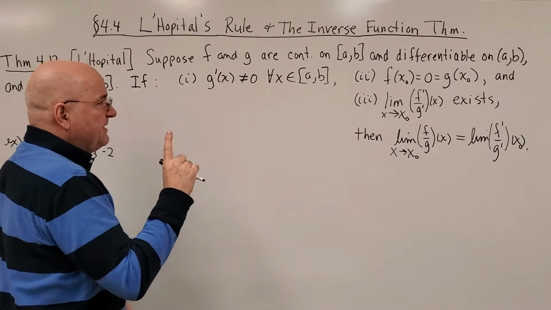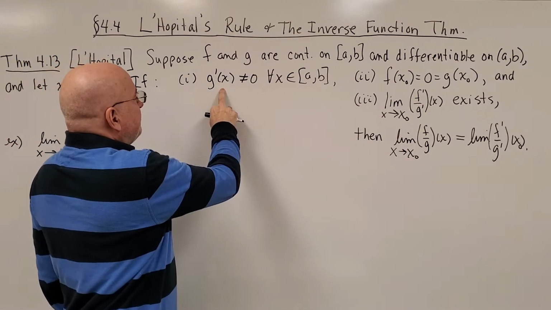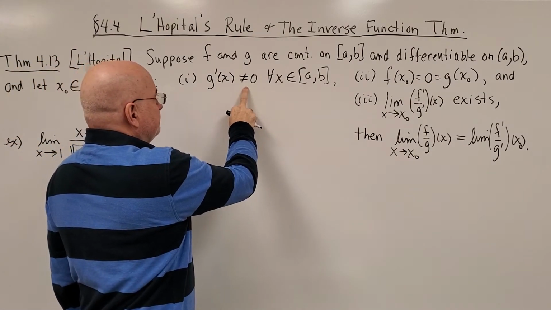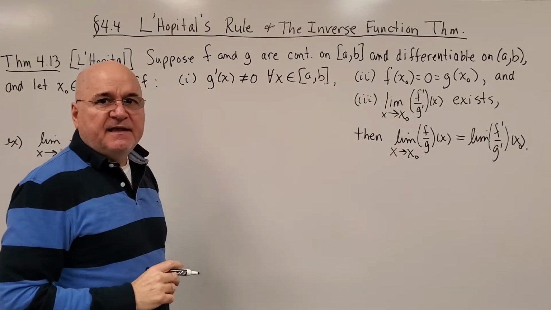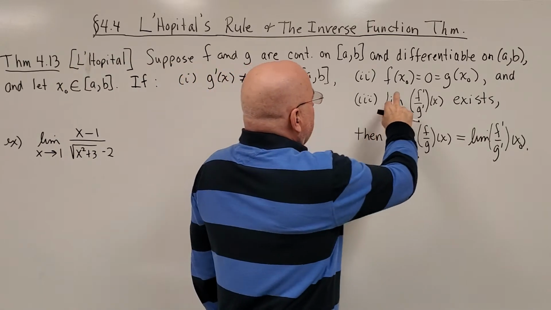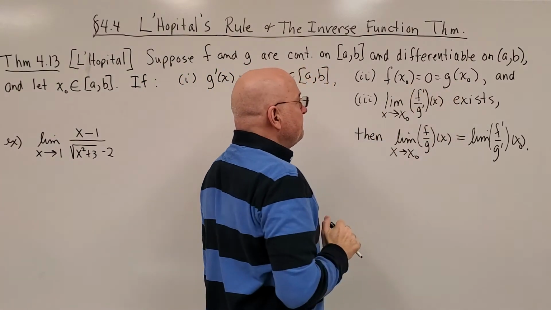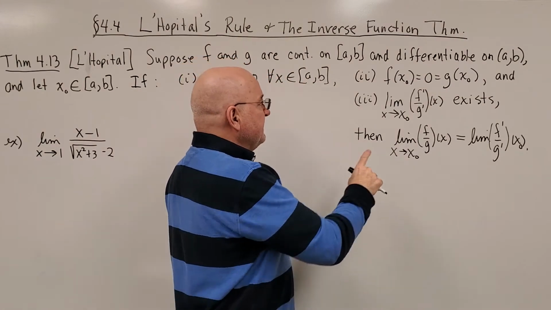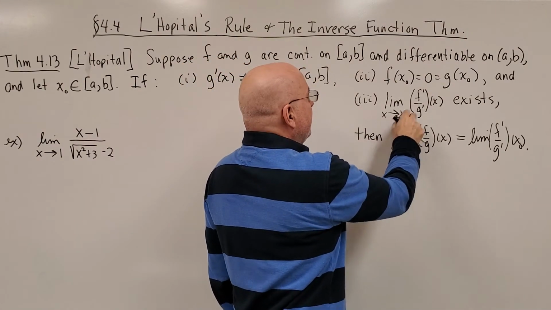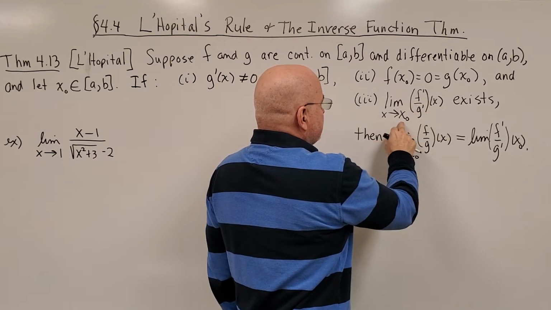If the following three conditions hold: the first one being g prime of x is never 0 for x in the interval; f of x naught and g of x naught are both 0; and if this limit exists, f prime over g prime of x as x goes to x naught.